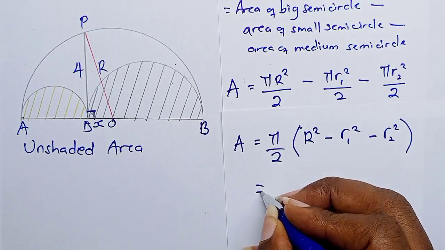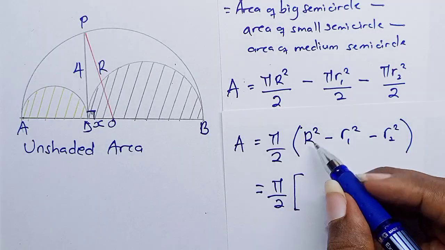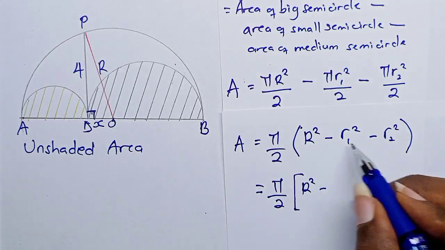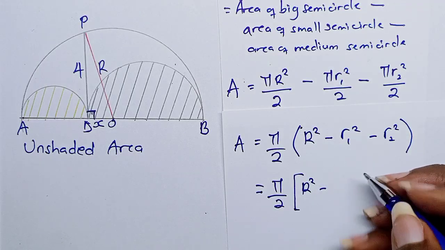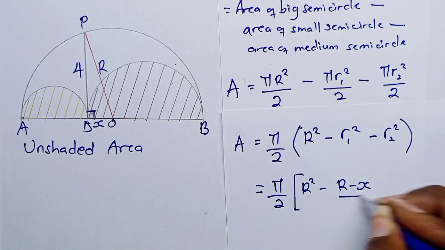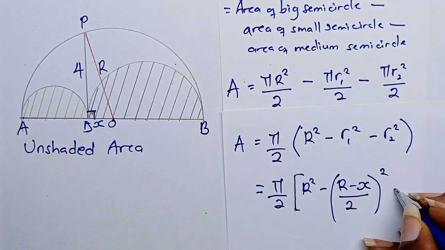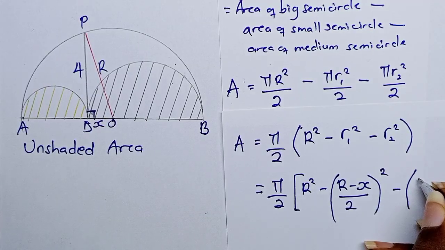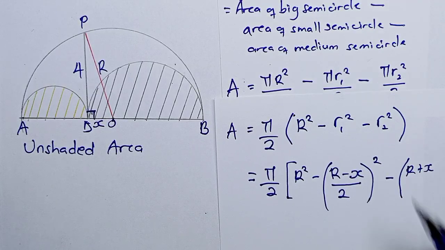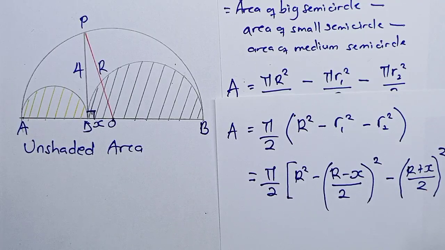So this is equal to pi over 2 into R squared minus R1, and we got R1 as capital R minus X over 2, so all this is squared, minus R2, we got R plus X over 2, so this is also squared.